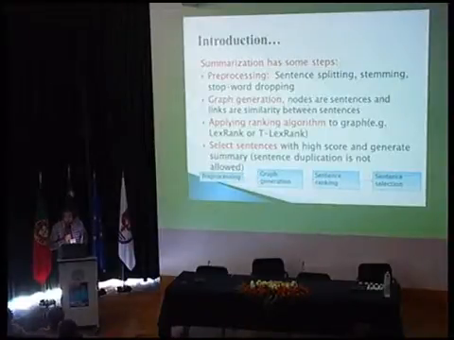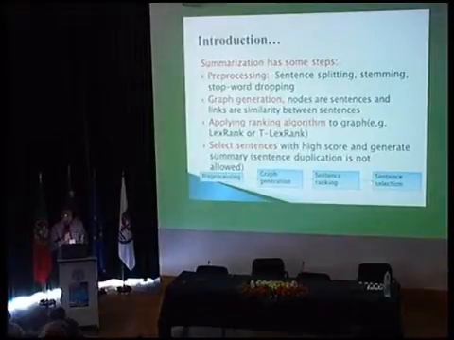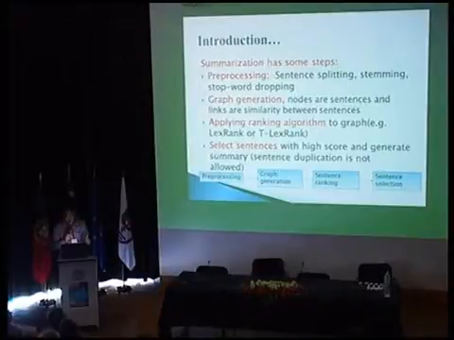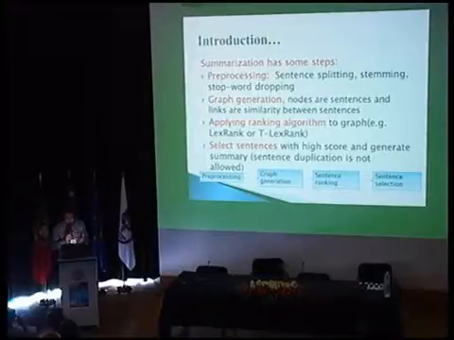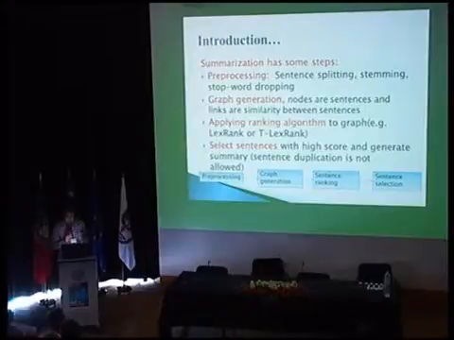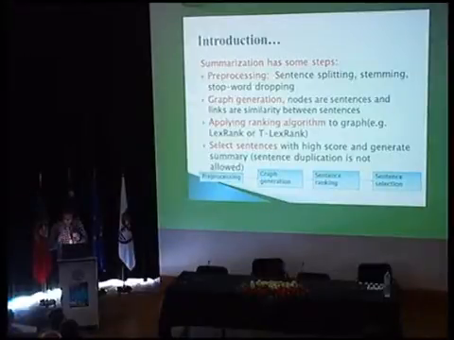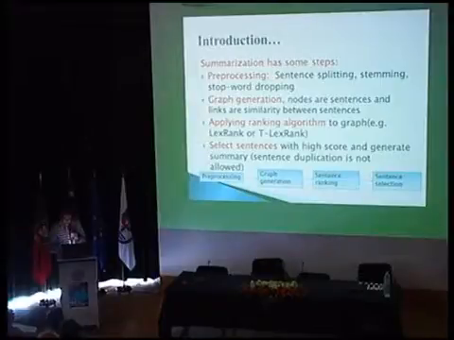After that, we must apply a ranking algorithm to the graph, for example, LexRank for generic summarization and TLexRank for query-based summarization. And the final step is to select important sentences based on their score, and concatenate these sentences into the summary.